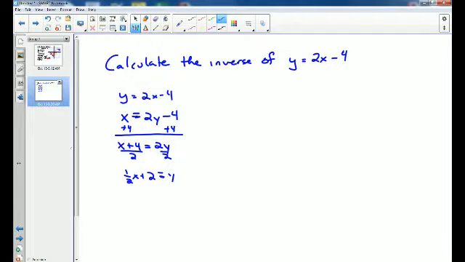This is our inverse, so we need to rewrite it. Check your work if you do it yourself. Linears are much easier. They should go very quickly.